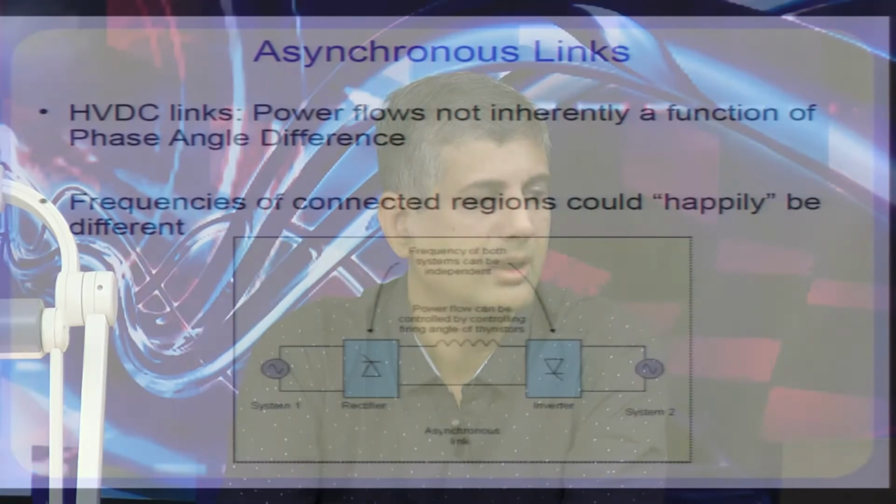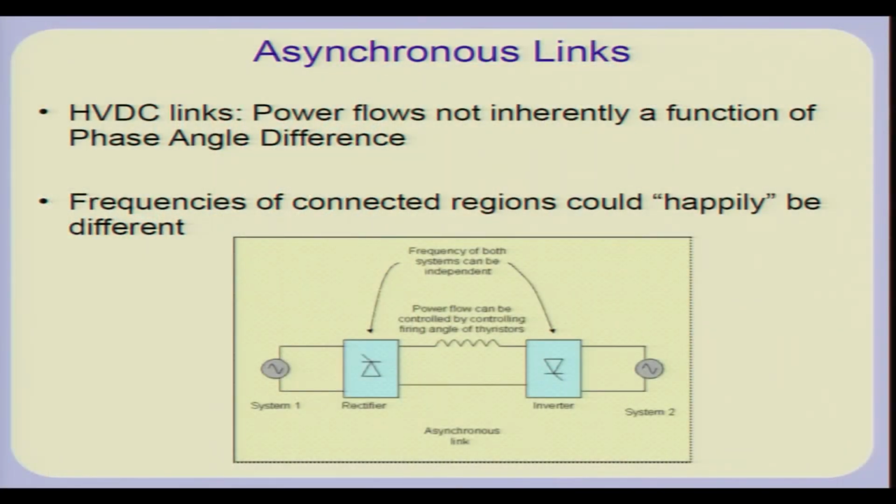Now, the kind of behaviors we are talking of is in fact seen in synchronous grids. So, there are two kinds of behavior which are related to the electromechanical system of synchronous machines, that is frequency stability and angular stability.